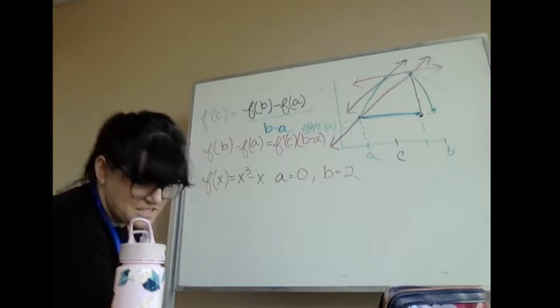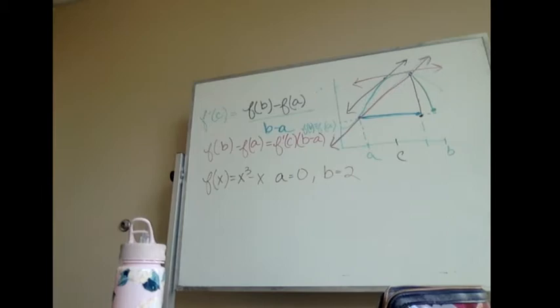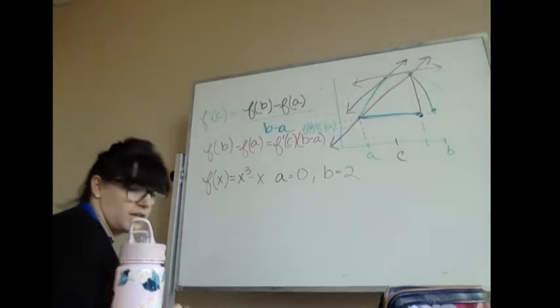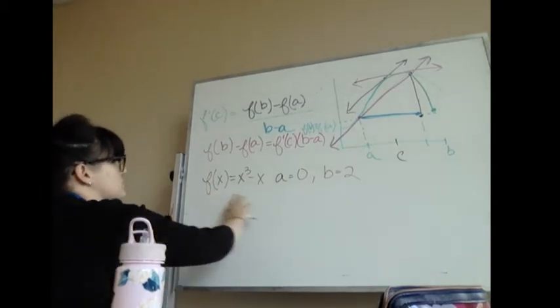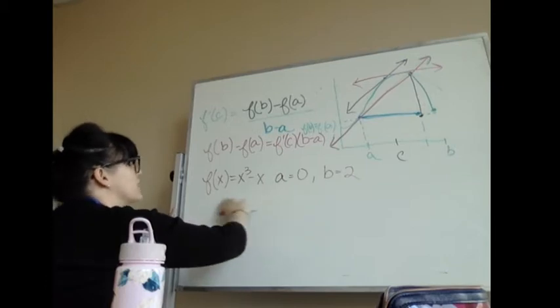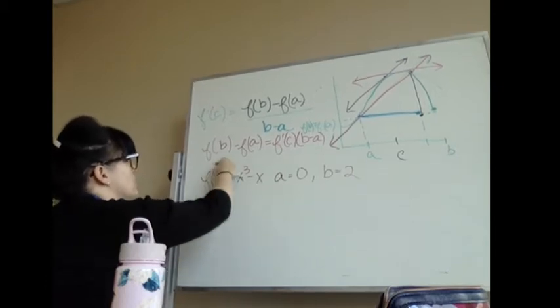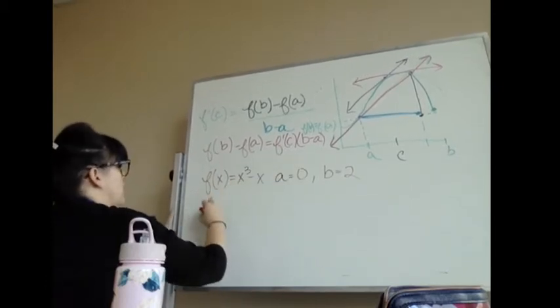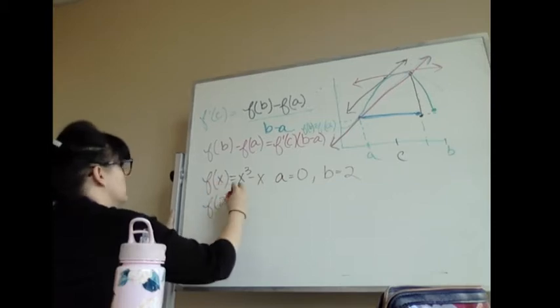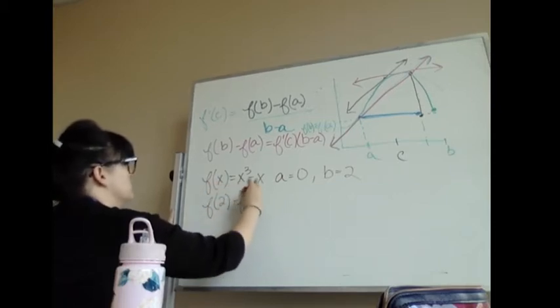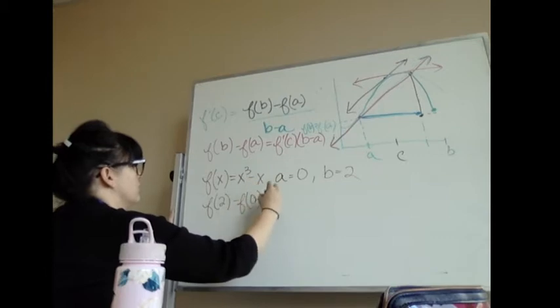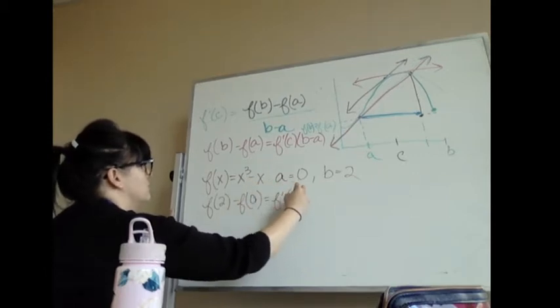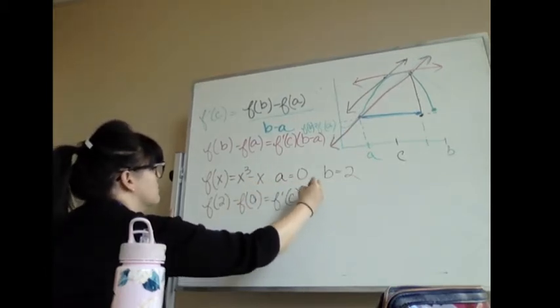I guess this is just an example of it in action versus when to actually find something. So if we're looking at it on the interval between 0 and 2, this will be true: f of 2 minus f of 0 will be equal to f prime of some number c times 2 minus 0.